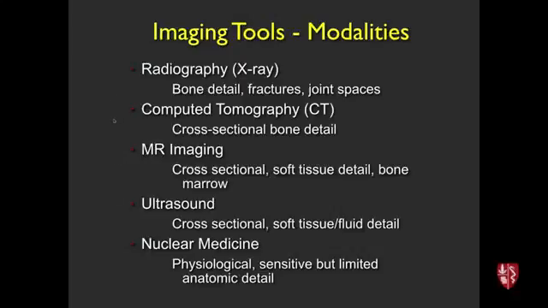Third would be CT, but we also use ultrasound. Ultrasound doesn't penetrate through bones, but it can see soft tissues really well, and so it's useful in many applications. And then nuclear medicine, which you're going to hear about separately, is a really useful collaborative, correlative tool, very sensitive for different physiologies, but not as much anatomic detail, at least for things like the traditional bone scan.